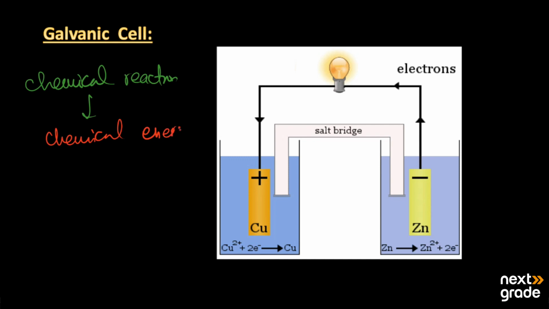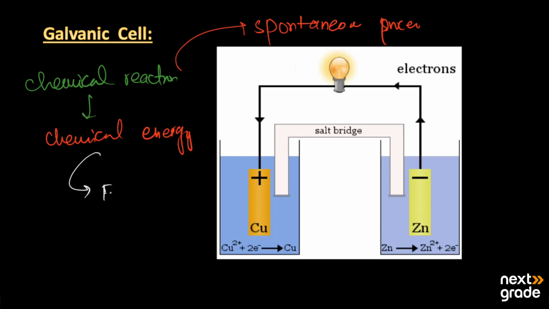This is a spontaneous process because the chemical reaction happens by itself, and this chemical energy is converted into electrical energy. Then this electrical energy is used for further processes.